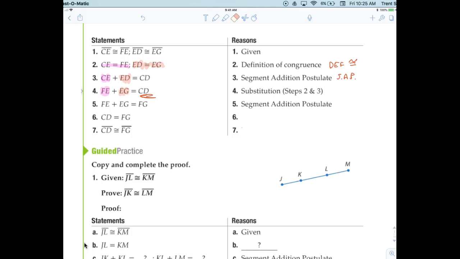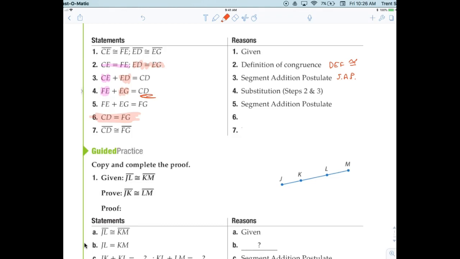Does everybody see that so far? Now, here's the hard part. I want someone to try to think about it. Why is CD equal to FG? Go ahead, I want you to tell me. Very good. Now again, listen to me. I'm not thinking that's hard, but some kids, for whatever reason, find that hard.